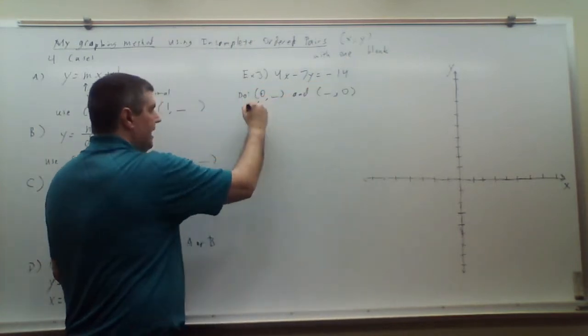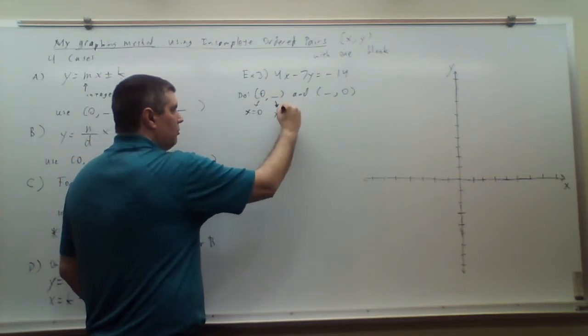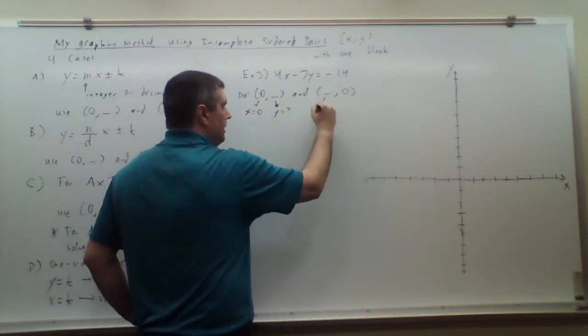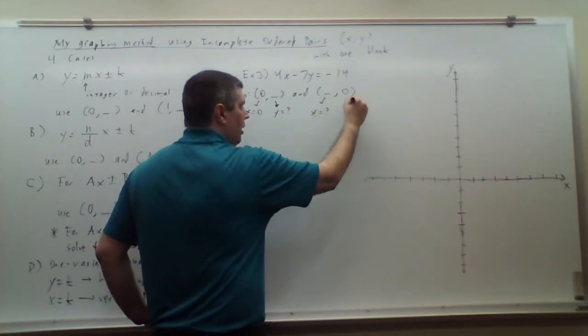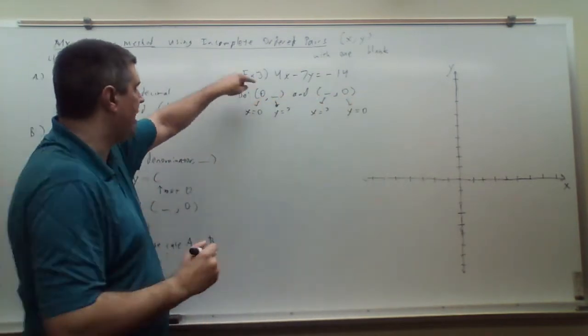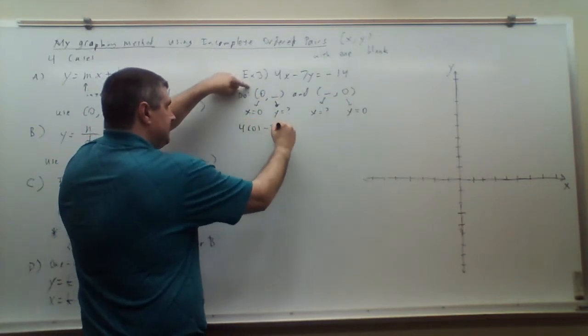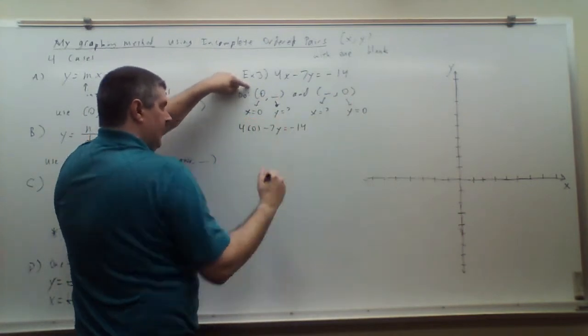So this means x equals 0, y equals we don't know. This means x equals we don't know, y is 0. So to handle this pair, I will have 4 times 0 minus 7y equals negative 14.